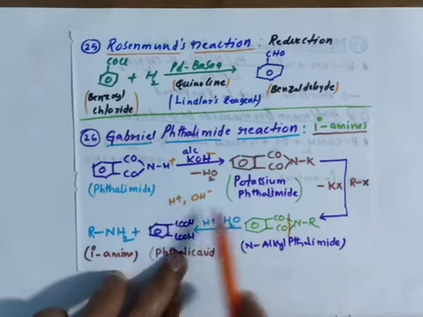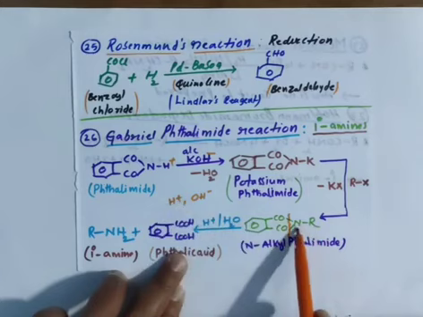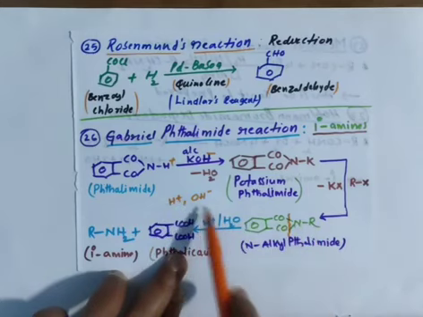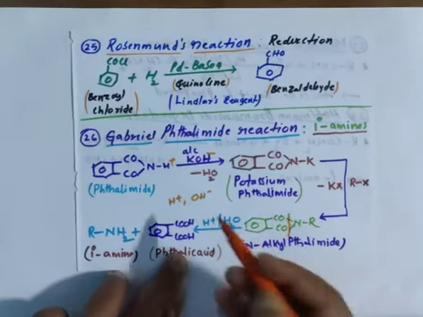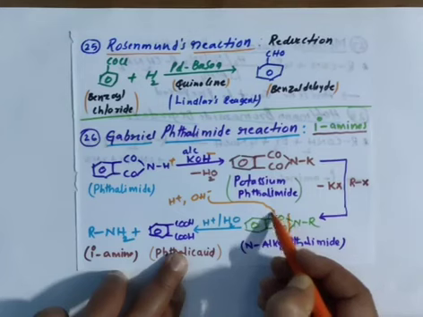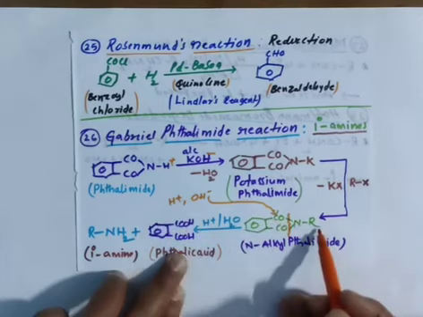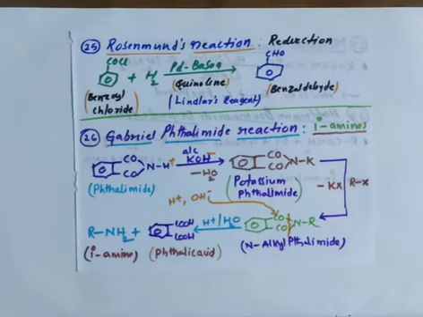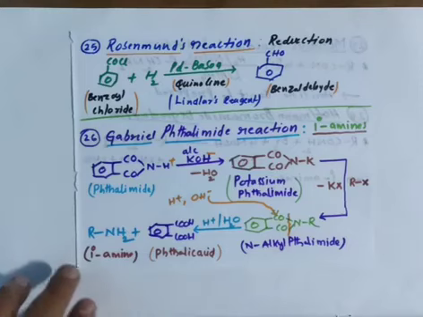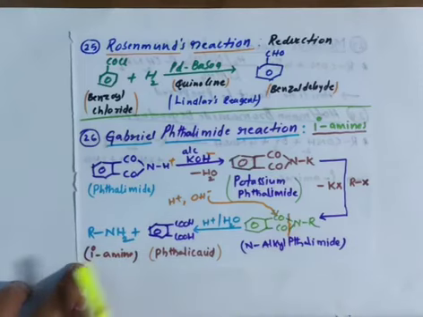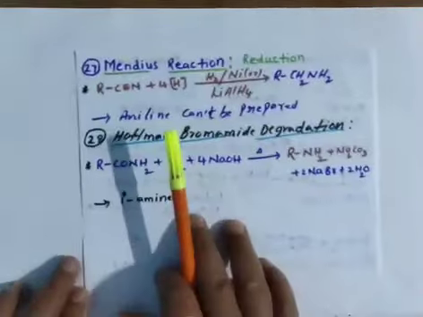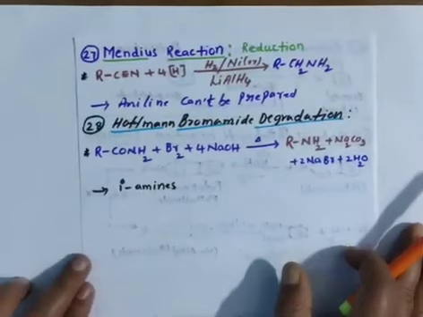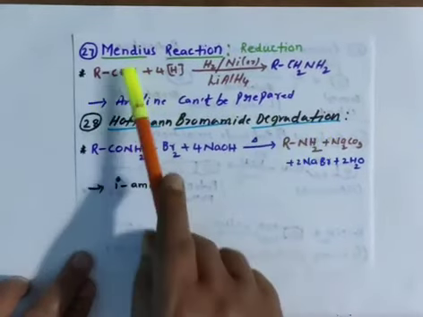From this, two hydrogens come into the R-N group, giving RNH2. The remaining two OH groups are added to the CO groups, giving COOH and COOH. So by the Gabriel phthalimide reaction, we are preparing only primary amines, RNH2. We are not preparing secondary or tertiary amines. Next, another named organic reaction we have, that is the Mendius reaction.